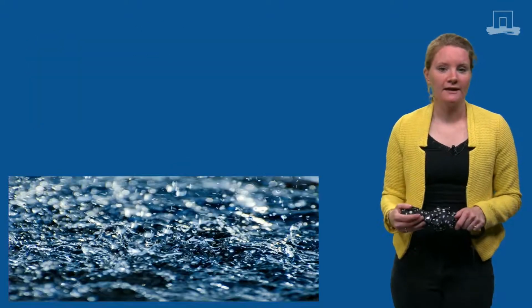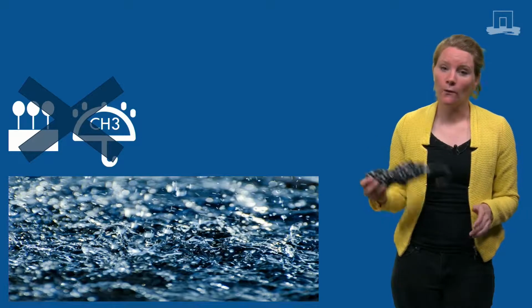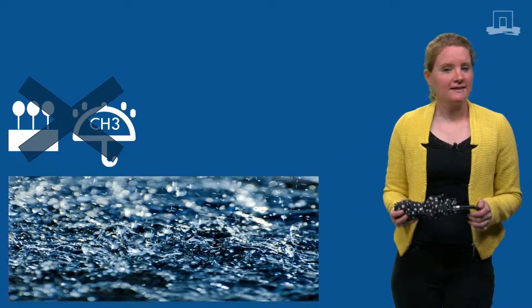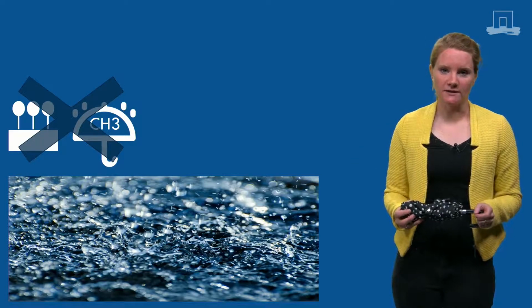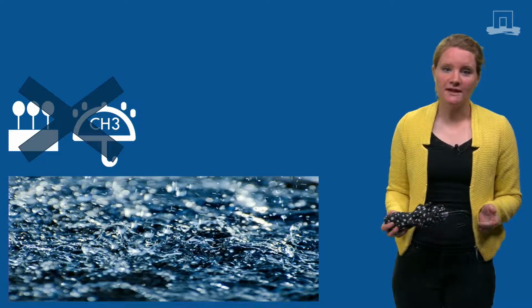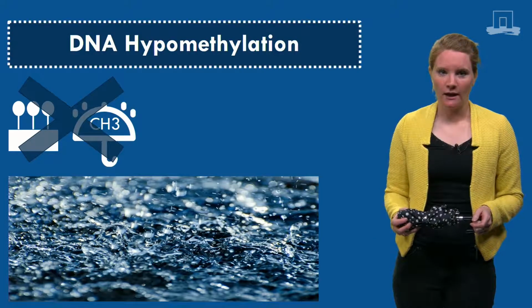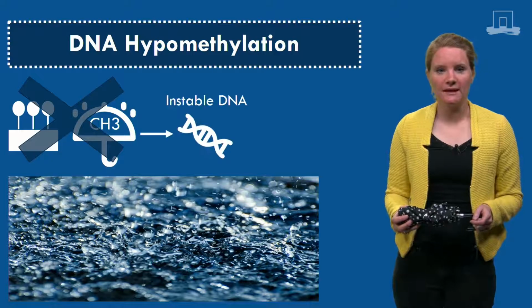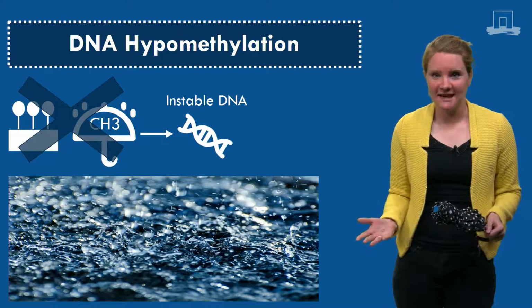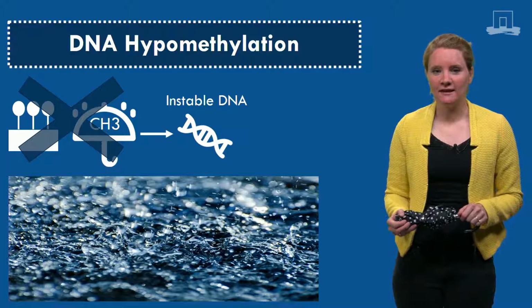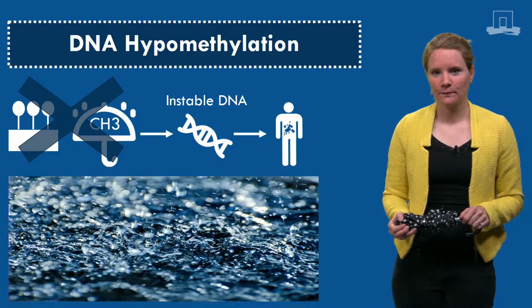On the other hand, if there are few methyl groups, or umbrellas if you'd like, this may also have serious consequences. A lack of methyl groups is called hypomethylation and can lead to a reduced stability of the DNA. And yes, this has been linked to an increased cancer risk.